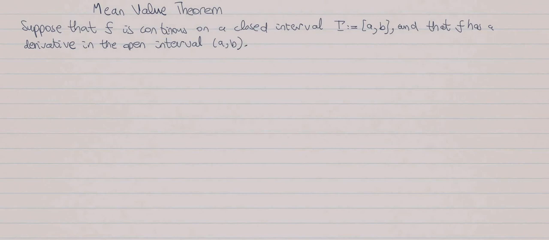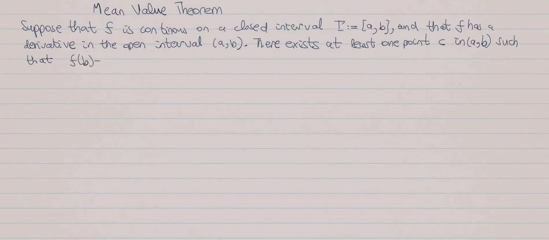Now the theorem says that there exists at least one point, call it c, in the open interval such that f of b minus f of a is equal to f dash of c, where f dash indicates the derivative of f, times b minus a.